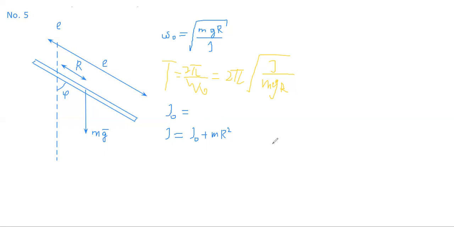Maybe you can remember from mechanics that the moment of inertia of a homogeneous rod in relation to the axis that passes through its center of mass and perpendicular to the rod is equal to m L to the power of 2 divided by 12.